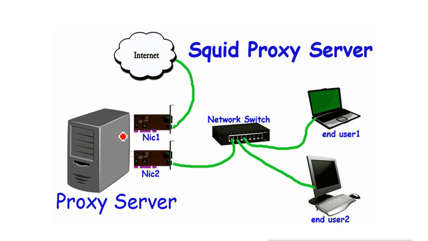So for configuring this, we need one server with two LAN cards. One LAN card will connect to the internet, and from the other LAN card we will connect our end users and our end devices.